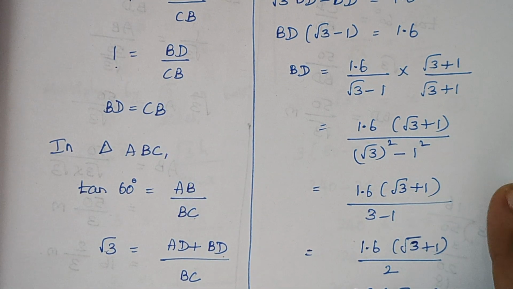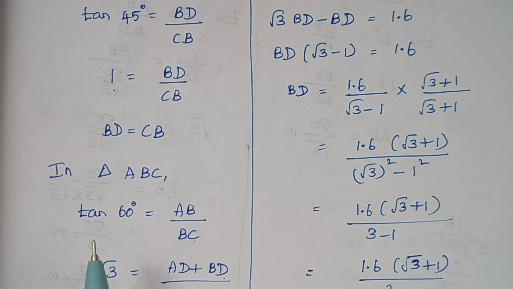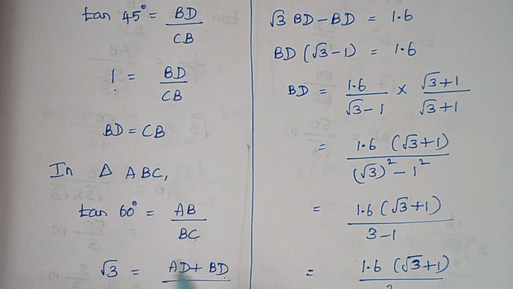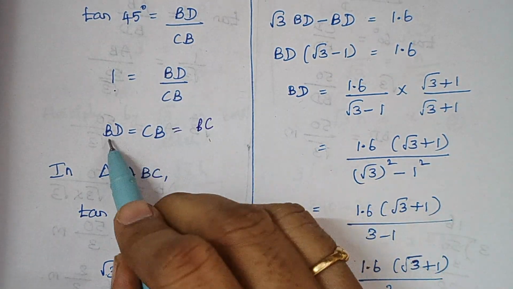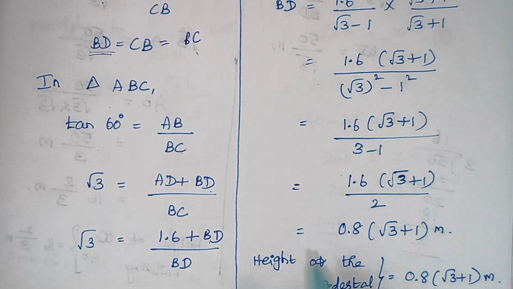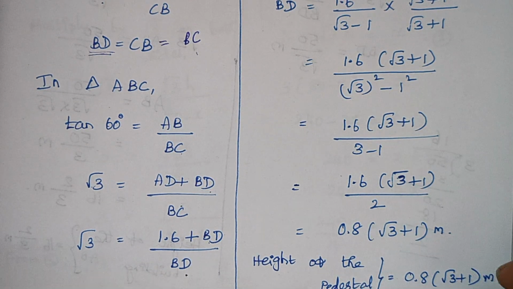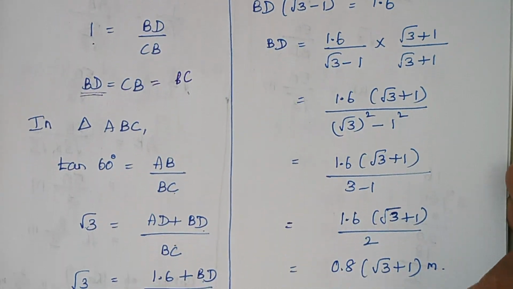Right. So here you see, previously we have proved that the value of BC is equal to BD, right? So in the place of BC, just substitute BD, and the value of AD is 1.6. Now just do a cross multiplication. When you cross multiply, what happens?